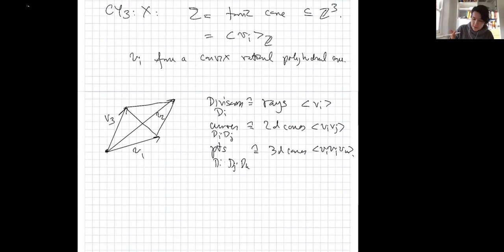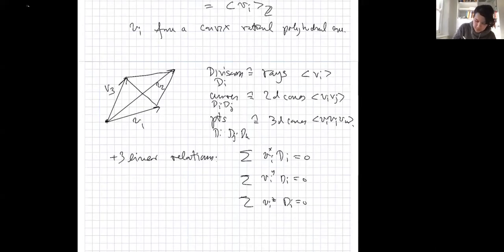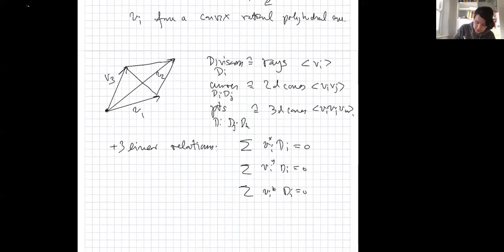And there are relations on these. There are linear relations that the sum of the v_i d_i is 0 for the x coordinate, and there's a y coordinate one, and the z coordinate one. So there are three linear relations like this, and the canonical class, or minus K_X, is given by the sum of all these d_i's, and that of course for us has to be 0 for the Calabi-Yau 3 case.